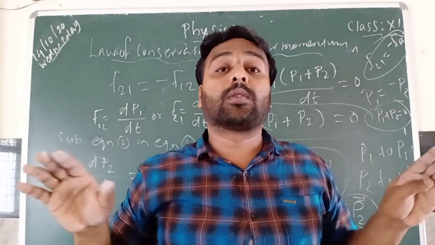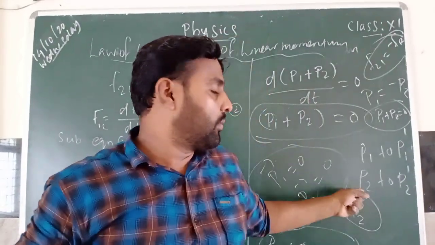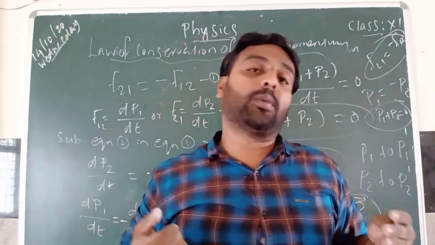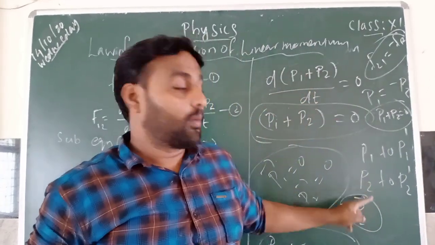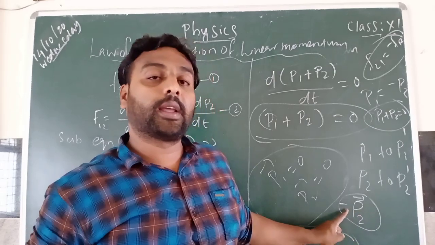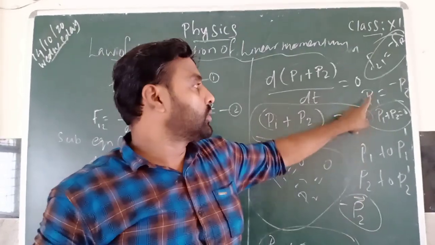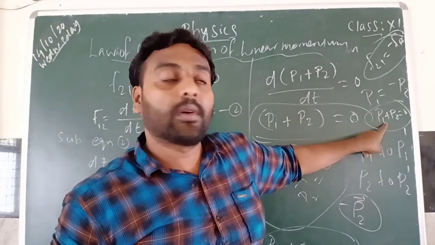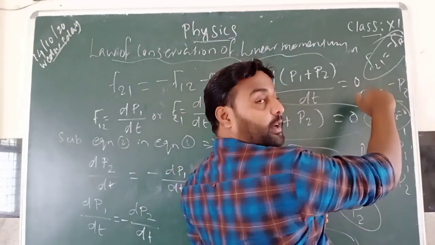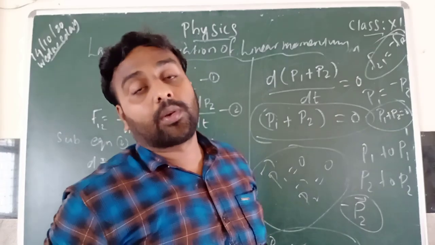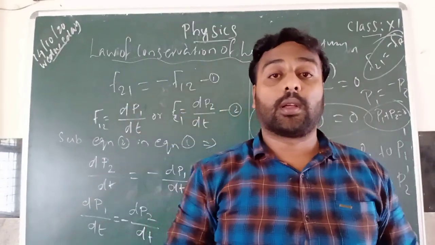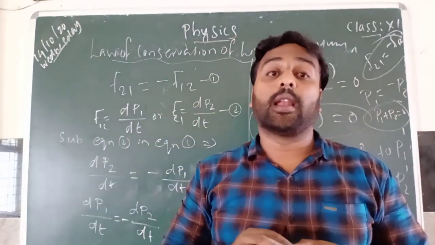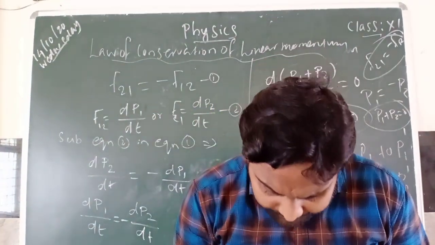So to maintain this law of conservation of linear momentum, the gun moves backward due to the bullet, particle 2, but in the opposite direction, so we can write minus P2. So P1 is equal to minus P2. If you take this minus P2 to this side, P1 plus P2 equal to 0. So again the total momentum is conserved. This is what we call recoil momentum.